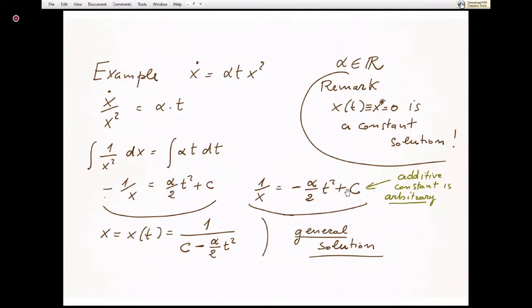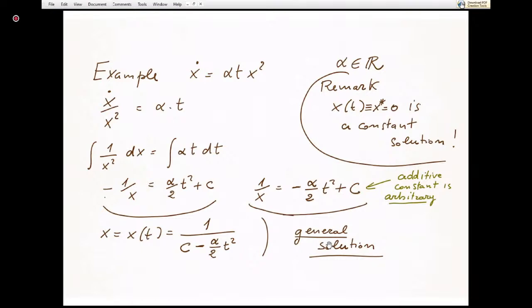If we change the sign, this is not wrong, but just write plus c because it is arbitrary. Now take the reciprocal: x of t is equal to 1 over c minus alpha over 2 t squared. So this is the general solution to our differential equation.